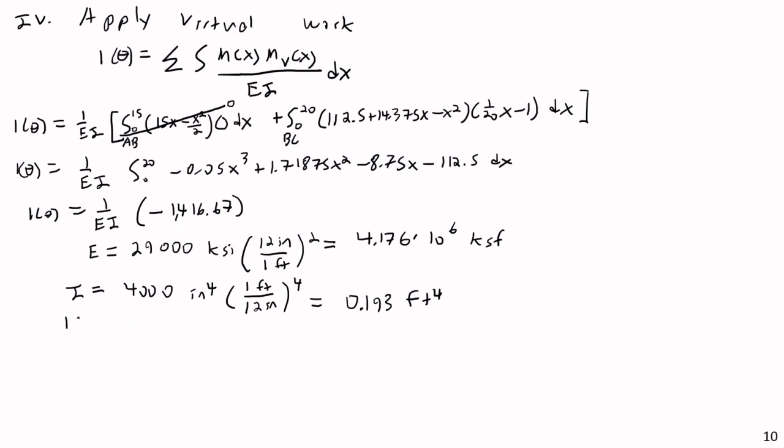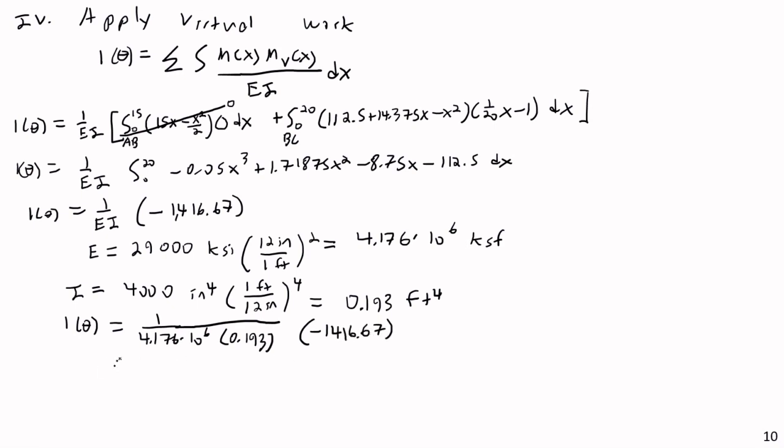Then 1 times theta is equal to 1 over 4.176 times 10 to the 6 times 0.193 times everything that was in the integral, negative 1416.67.